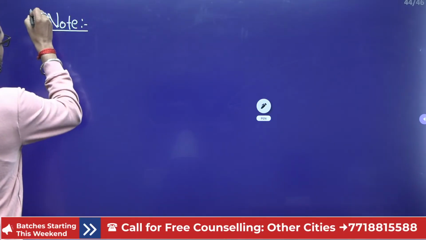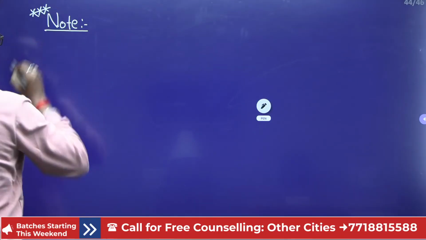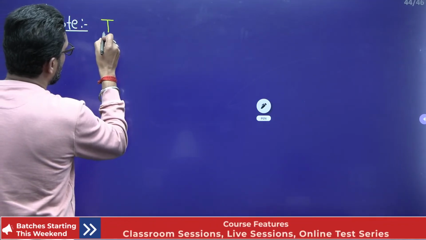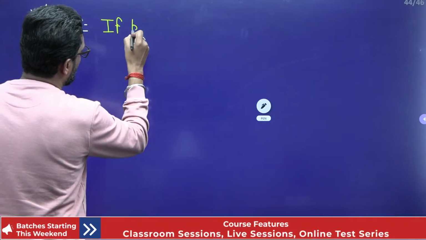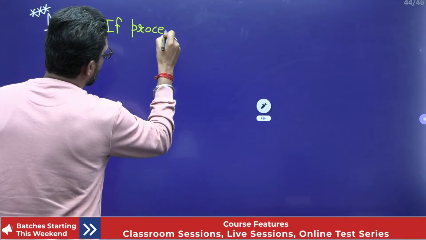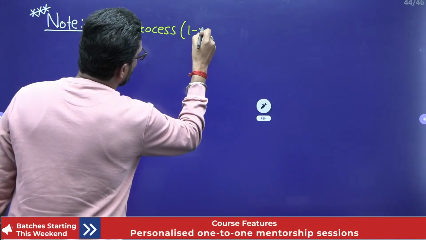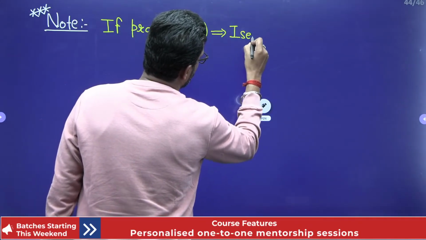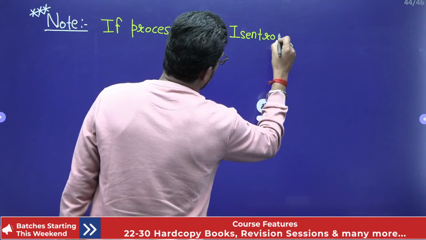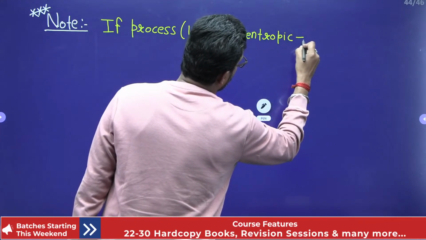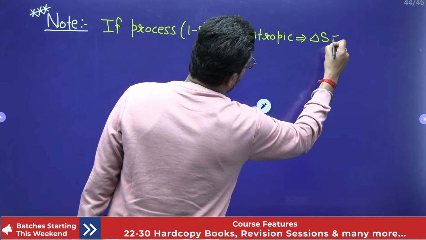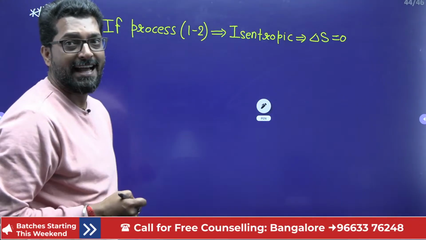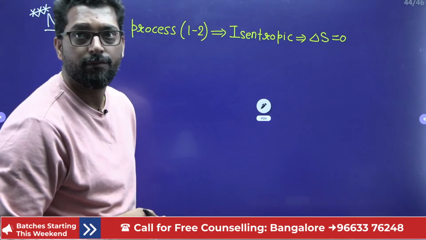What is that? For isentropic, if the process is isentropic, that means if process 1 to 2 is isentropic, delta S is equal to 0. If the process 1 to 2 is isentropic, that means delta S 1 to 2 is 0.